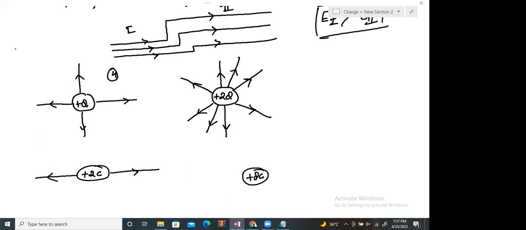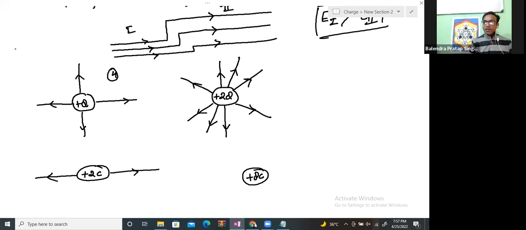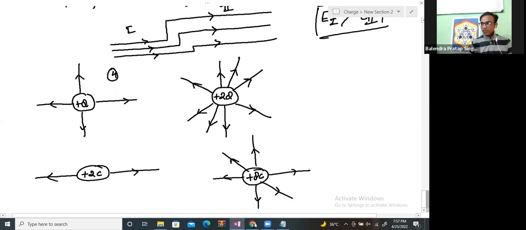Yeah, it's 8, because it's 2 and we increased 4 times. So again the electric field lines are 8: 1, 2, 3, 4, 5, 6, 7, 8.